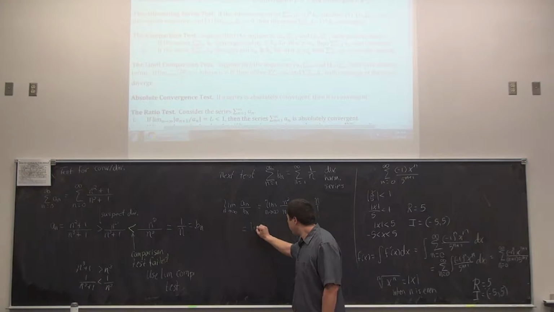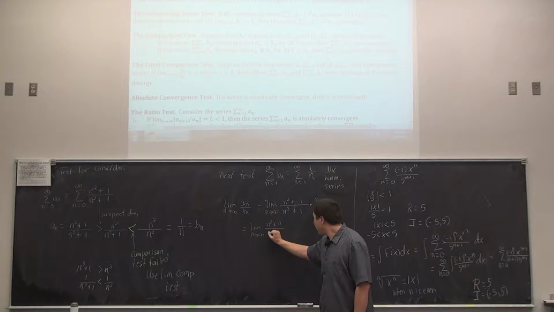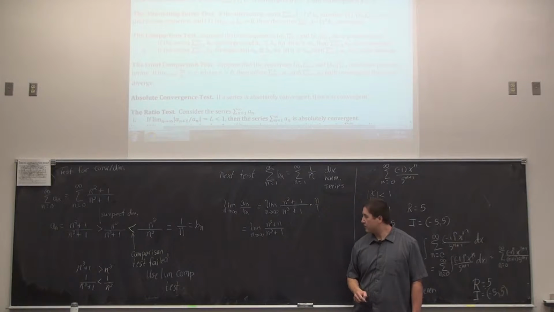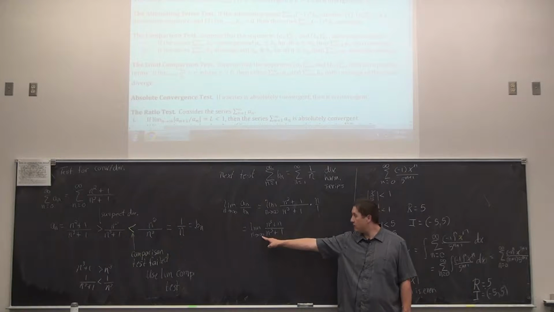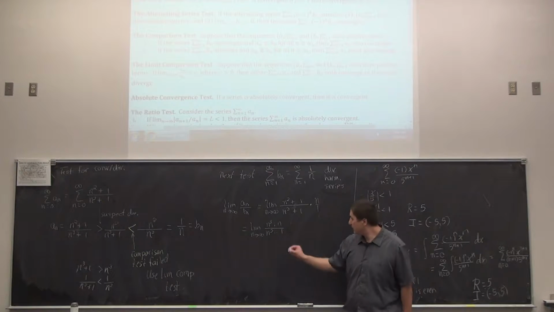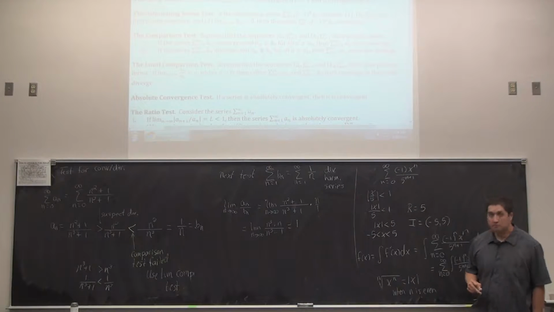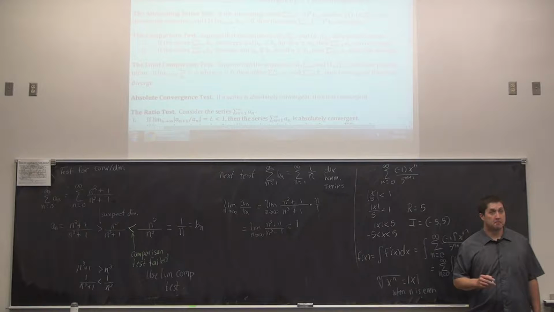So now we're dealing with the limit as n runs off to infinity of n cubed plus n divided by n cubed plus 1. But when n becomes very, very large, tending towards infinity, this gets closer and closer to n cubed divided by n cubed. So in the limit, we get a value of 1. Any questions with that so far?